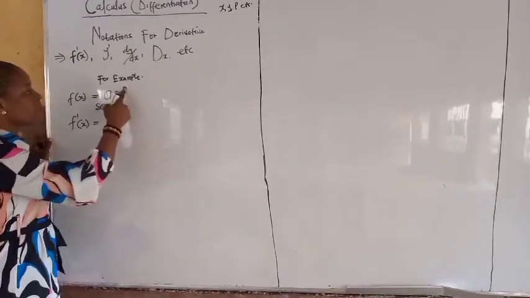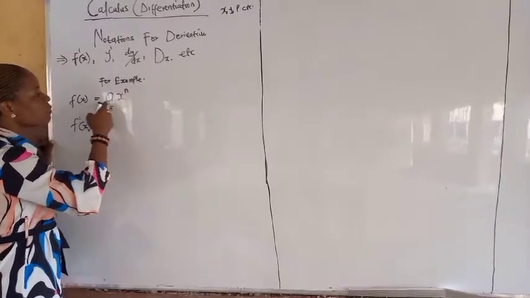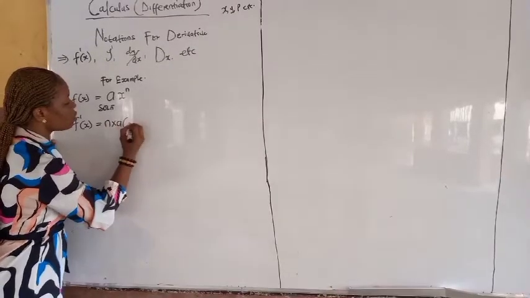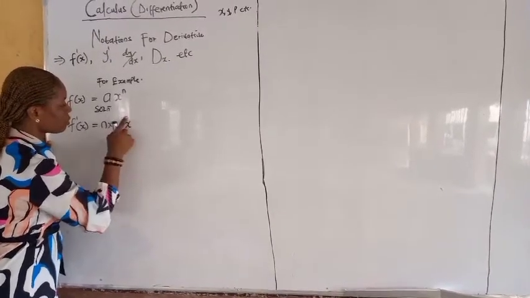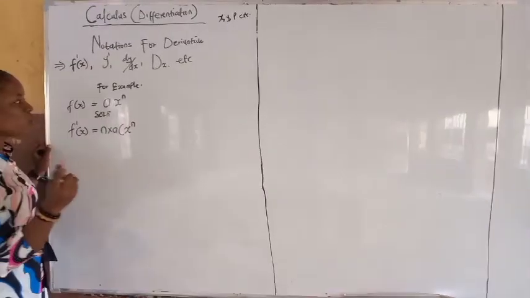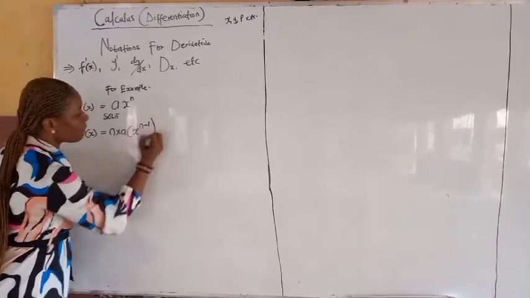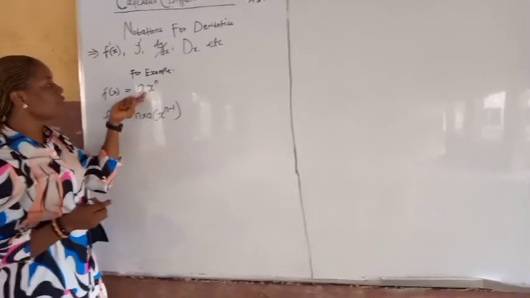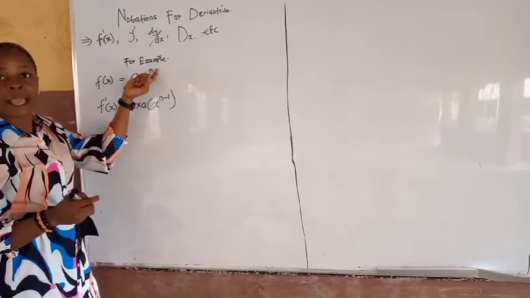The first thing, multiply the power of x with the coefficient of x, so that you have n times a, times x raised to the power of n. And the next thing you do is to subtract 1 from the power. I repeat myself, multiply first the power with the coefficient and subtract 1 from the power.